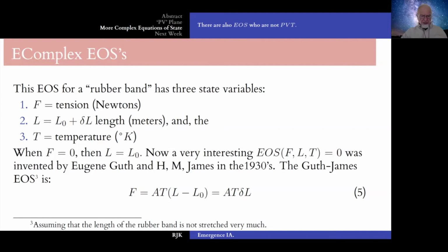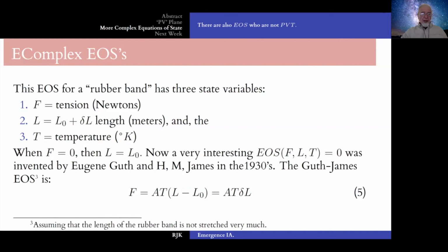Another typo, that is supposed to be periods, not commas. And the Guth-James one is very straightforward. There's a constant that depends upon the material, the elastic material in the rope, times the temperature times the stretched length minus the unstretched length, that is the constant times the temperature times delta L.